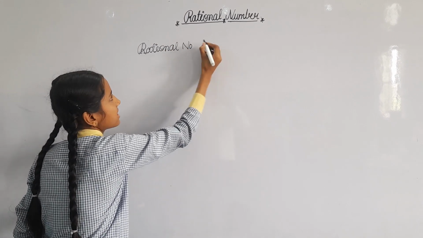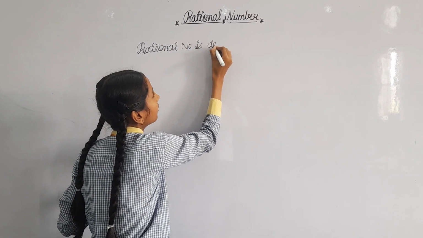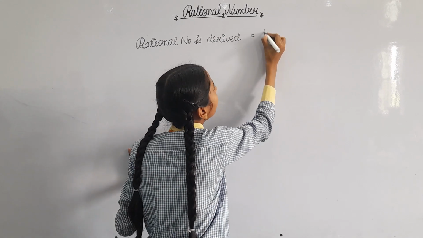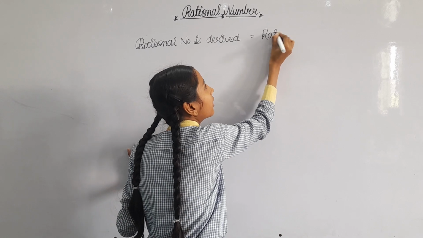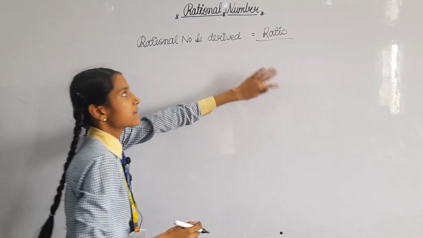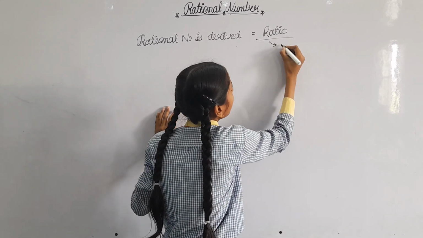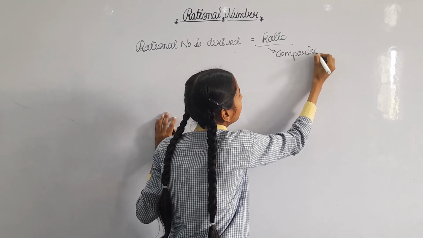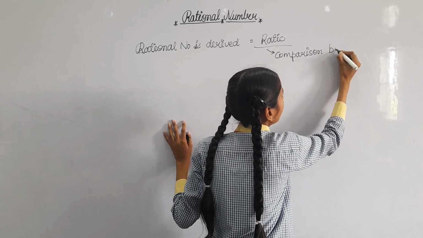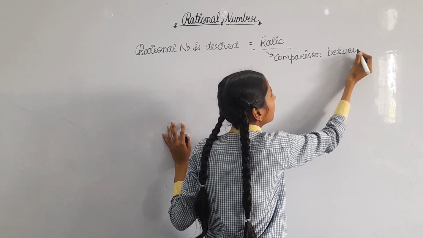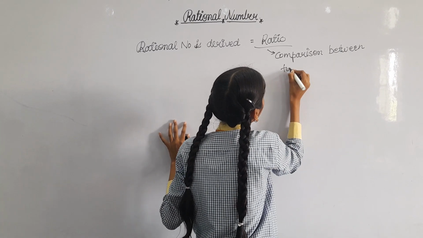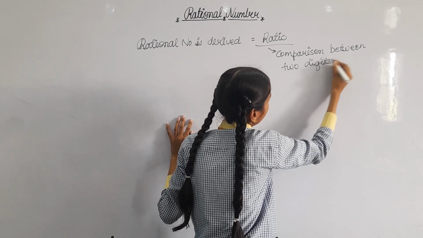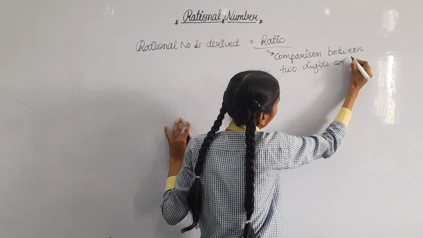Rational number is derived from the word ratio, which means comparison between two digits or numbers.